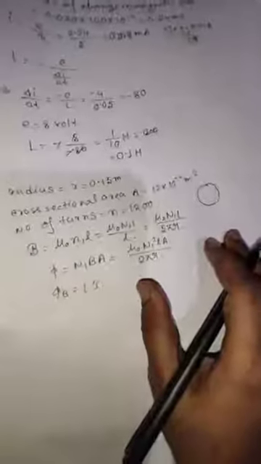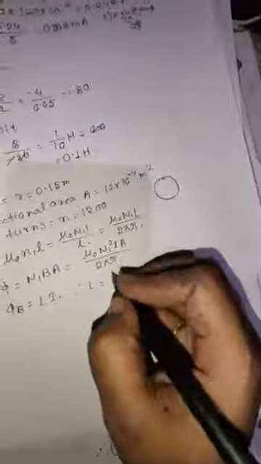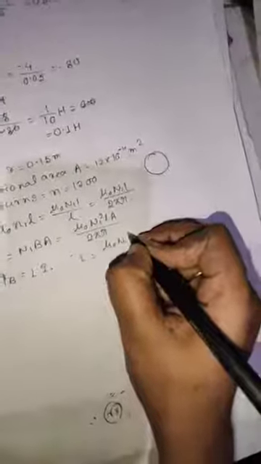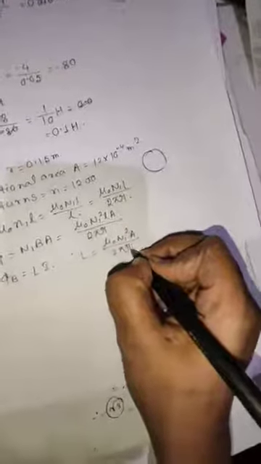Also we know that phi equals L into I. So L equals phi by I. So L will be mu 0 N square A by 2 pi r.